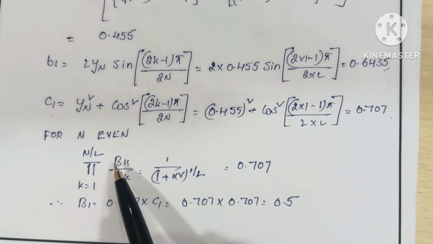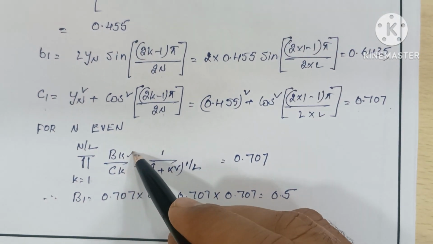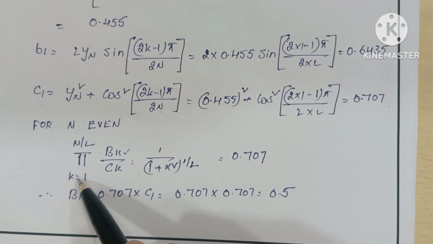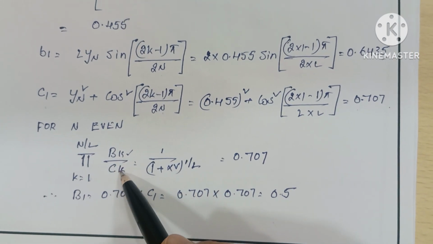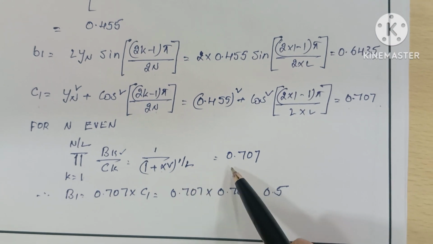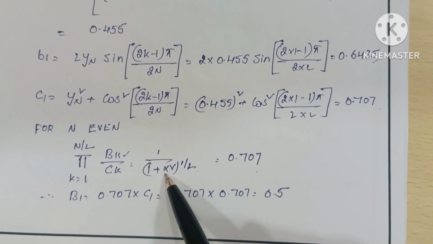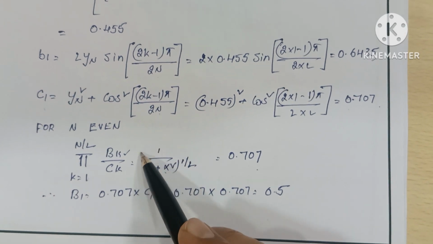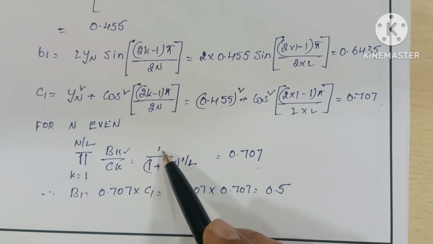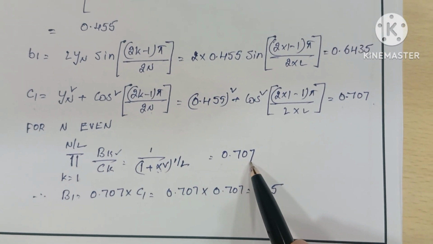And for n equal to even, here we will be using another formula to find this capital bk values. K equal to 1 to n by 2, bk by ck which is equal to 1 by (1 plus alpha square) whole power half, which is equal to 0.707. Substituting this value of alpha here, we will be getting this entire 1 by (1 plus alpha square) whole power half will be equivalent to 0.707.